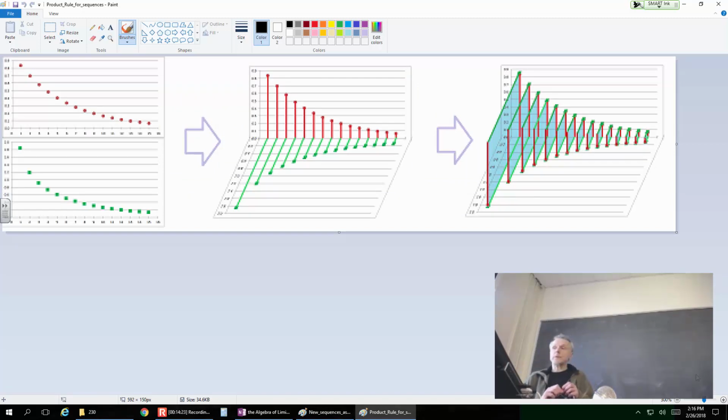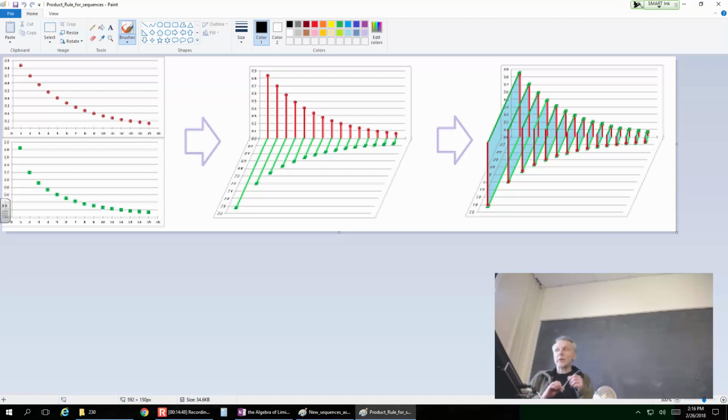Both of them are convergent. Then what I did is I took these two planes, well, they don't have specific names, but I put them on two different planes. One horizontal, one vertical. So once again, the green sequence at the bottom is on the horizontal plane, and the vertical plane is the red one.